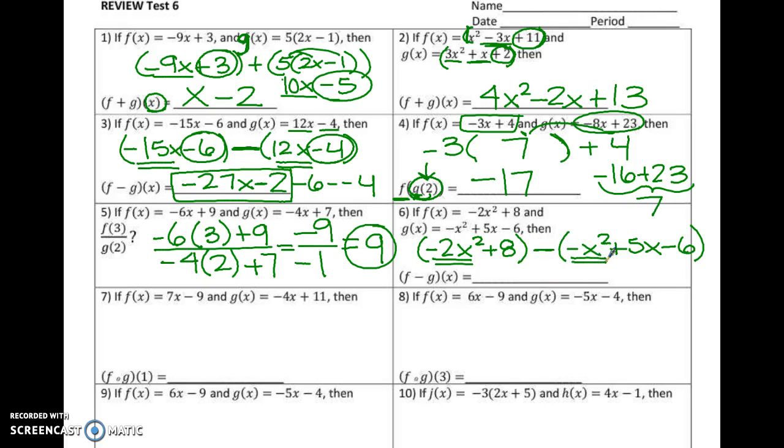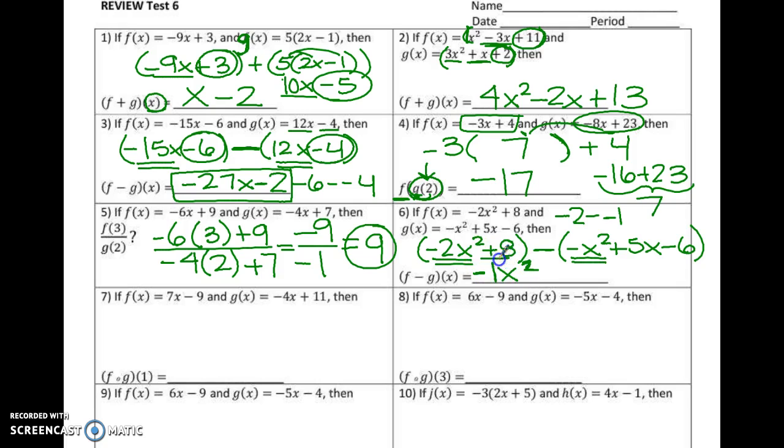So I have negative 2 subtract negative 1 would tell me how many x squareds there are, because those are like terms. Negative 2 take away negative 1 is negative 1. I don't have to put the 1. I could just put negative x squared.